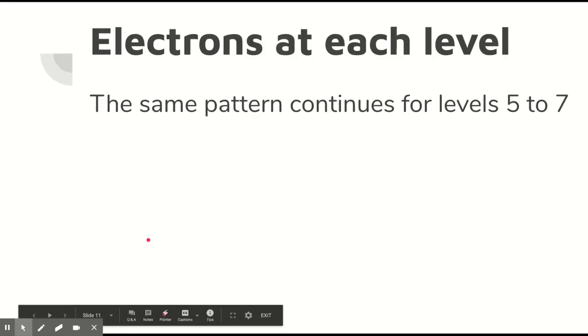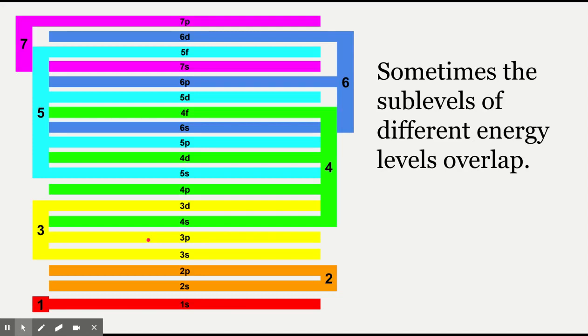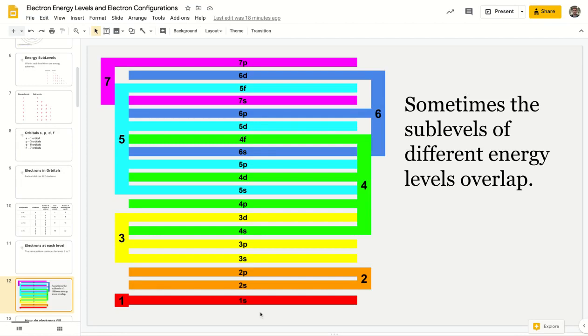The same pattern is going to continue for levels 5 through 7. Sometimes the sublevels end up overlapping different energy levels, and so we're going to look at that.